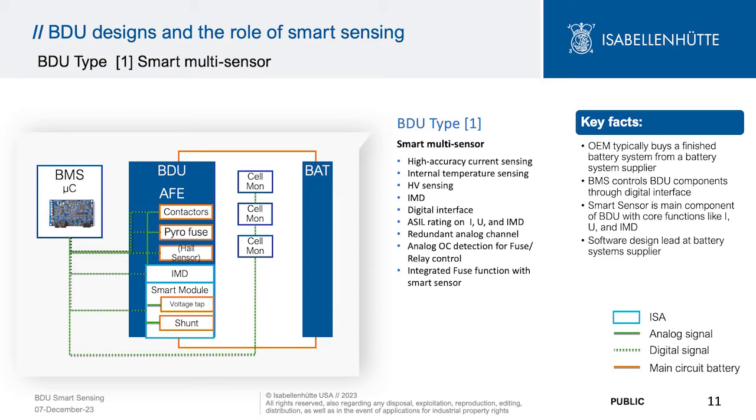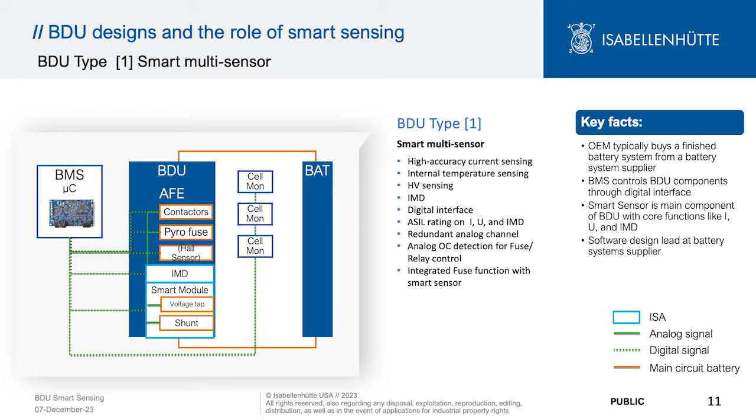It could even include an isolation monitoring device. It would have an ASIL rating on all the main functions like the current sensing, the voltage sensing, and the isolation monitoring device. It could include a redundant analog channel, depending on what ASIL rating is necessary.